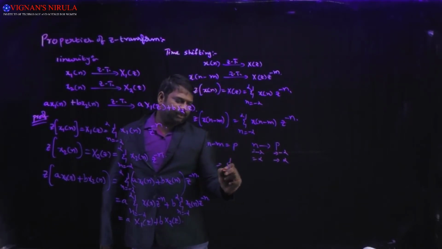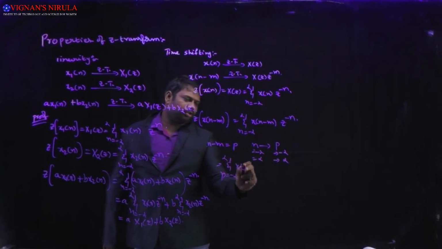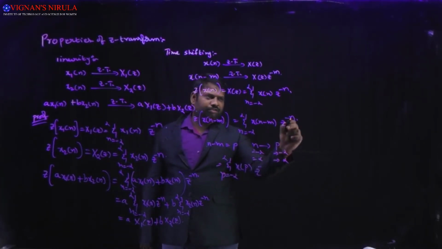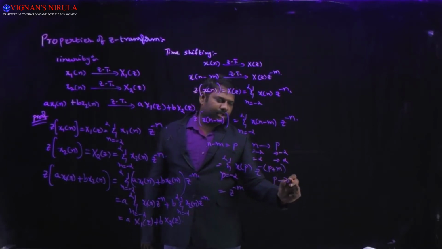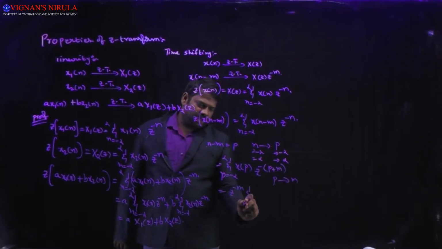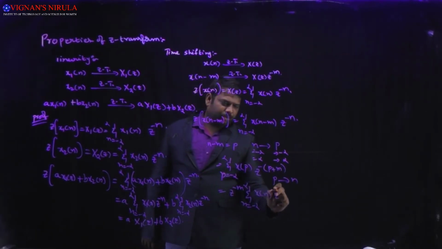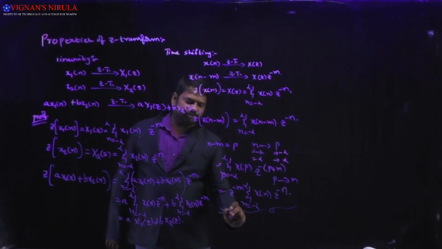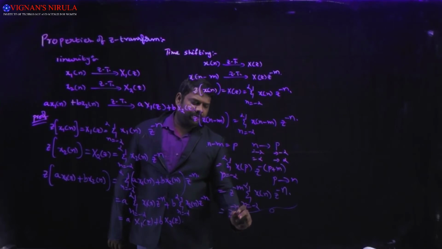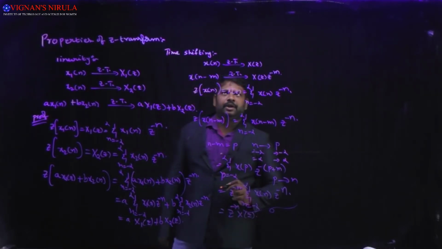Therefore, we'll write the summation p varies from minus infinity to infinity, x of p z power minus of, in place of n we'll write p plus m, that is z power minus m, keep it outside, and p is a dummy variable replaced with respect to n. Summation n varies from minus infinity to infinity, x of n z power minus n. Therefore, this entire thing is our Z transform, z power minus m into x of z, which is the time shifting property.